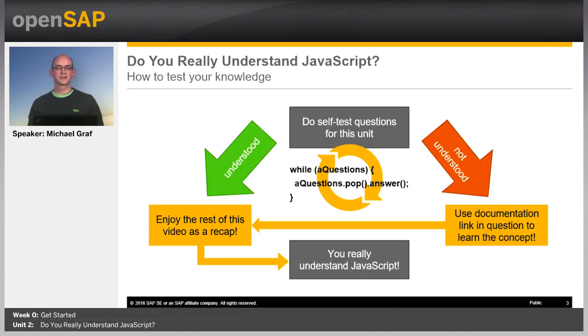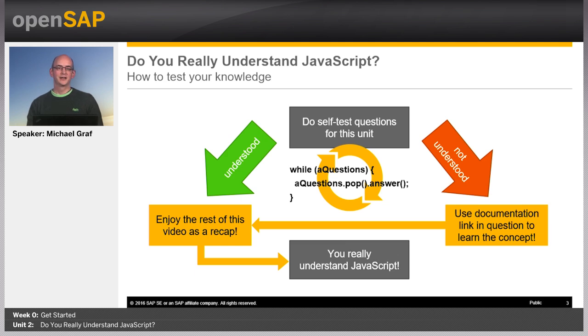So this unit is a little bit different than a typical unit of our openSAP course. You should pause this video right after I have explained the slide and then go straight to the self-test questions of this unit. There you can check your JavaScript knowledge with 15 challenging questions. Don't worry if you can't answer them all. They are intended to test your knowledge of JavaScript.